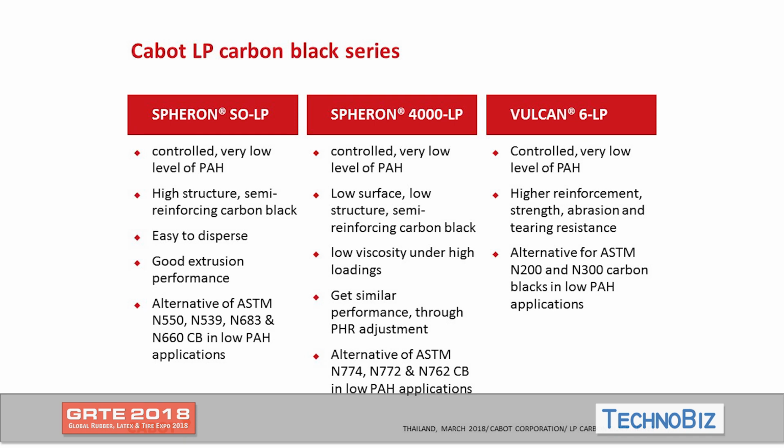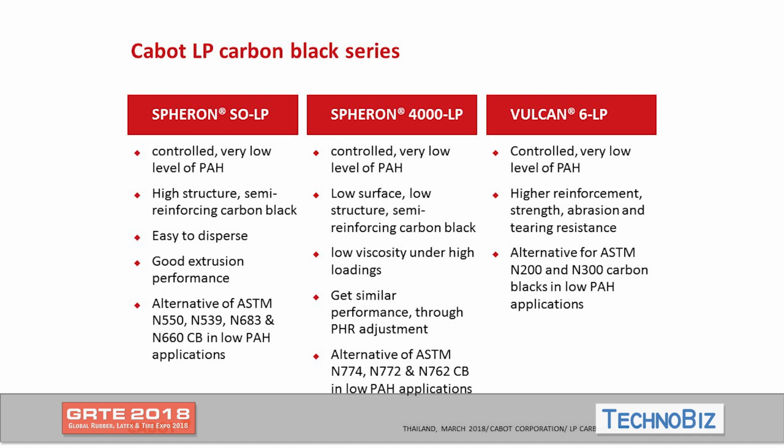SPSOLP is a good alternative for ASTM N550, N539, 683, 630 in low pH application. Roughly, it's semi-reinforcement. So in most cases, if people are looking for semi-reinforcement carbon blacks specific for the low pH requirement, that's going to be SPSOLP.